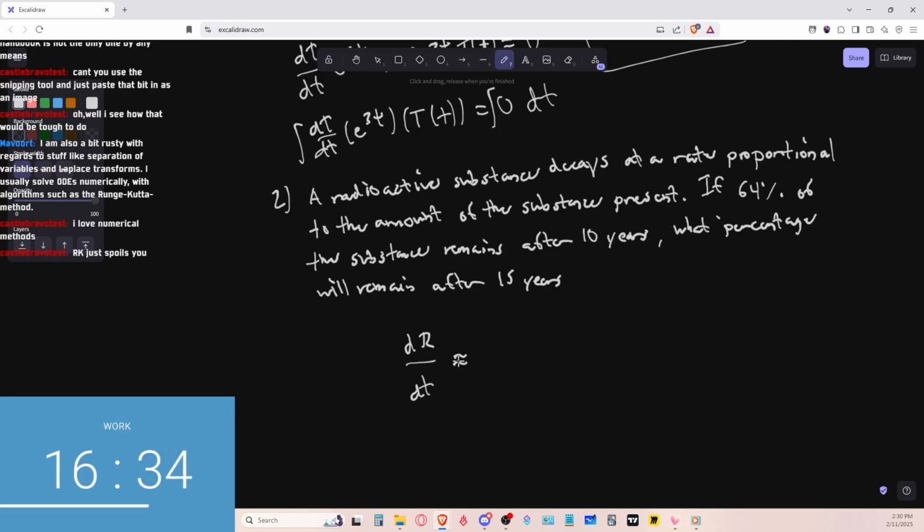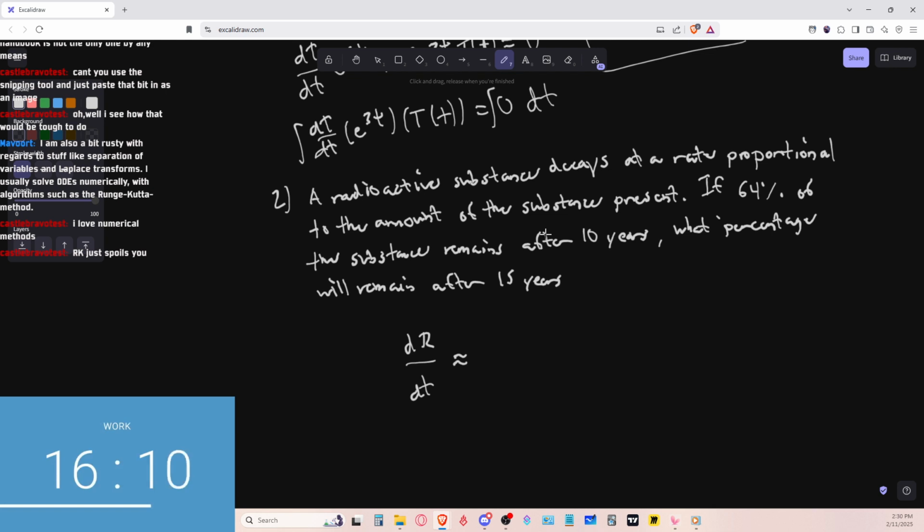I'll just do curlies because it says proportional to the amount of the substance present. If 64% of the substance remains after 10 years, what is the percentage remaining after 15 years?